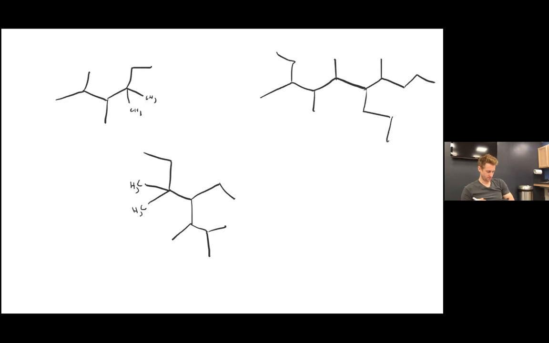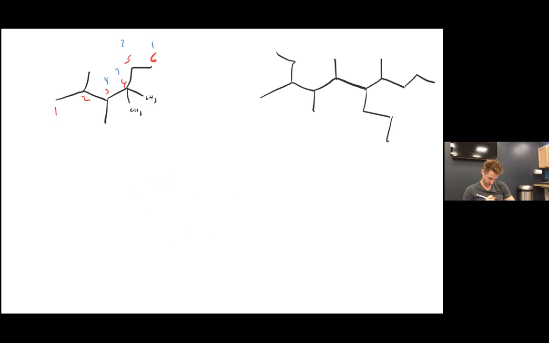All right, so let's start with this one on the far left here. I'm going to erase the bottom one, draw it back later. So our longest chain is going to be 1, 2, 3, 4, 5, 6 here. Let's take a look at it in the back direction. We've got in red a substituent on 2, 3, 2 substituents on 4.